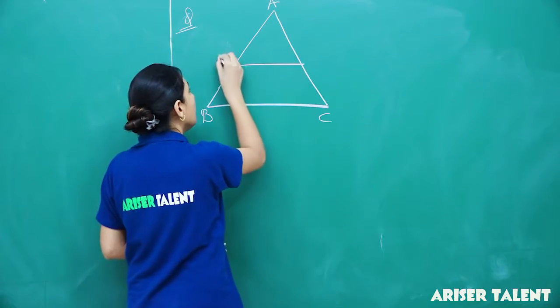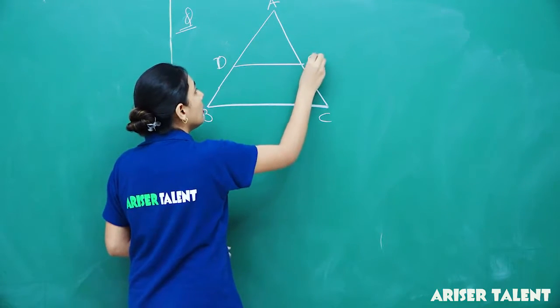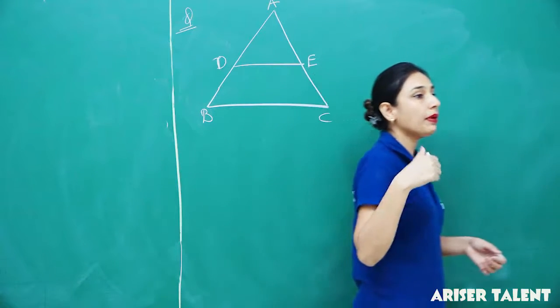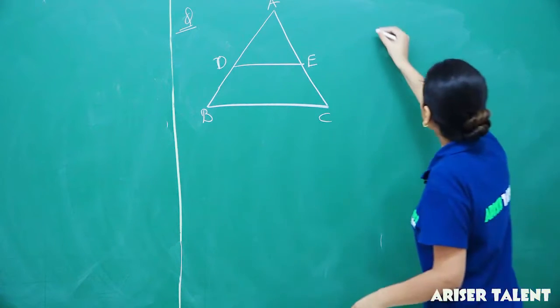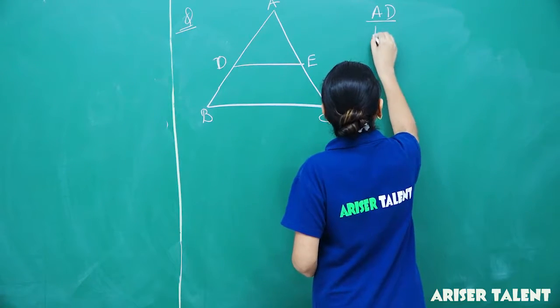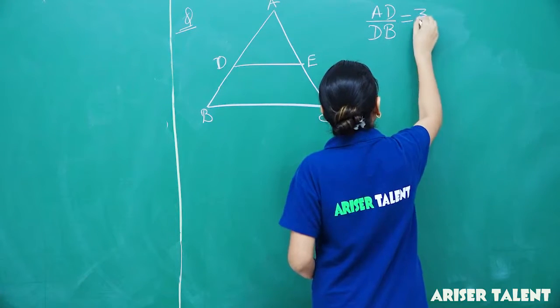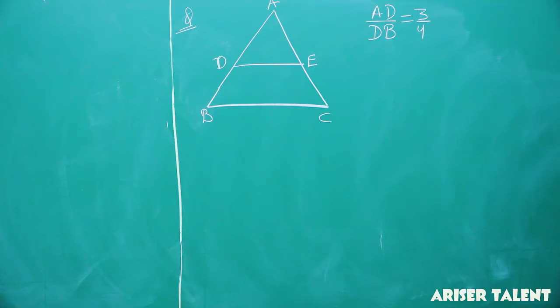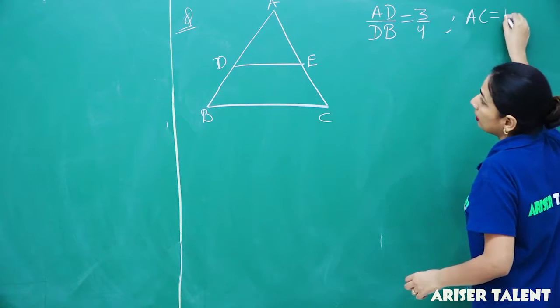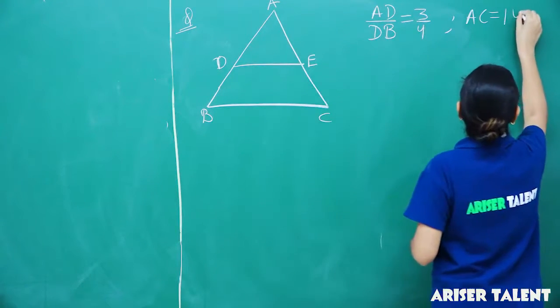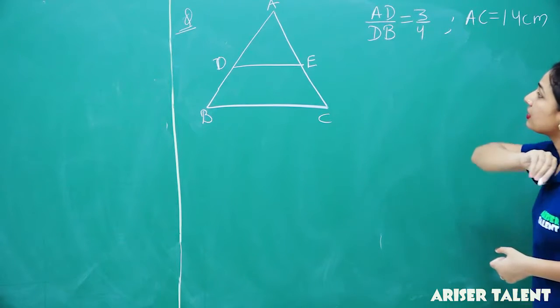You are given AD by DB equals 3/4, and you are given that AC equals 14 centimeters.